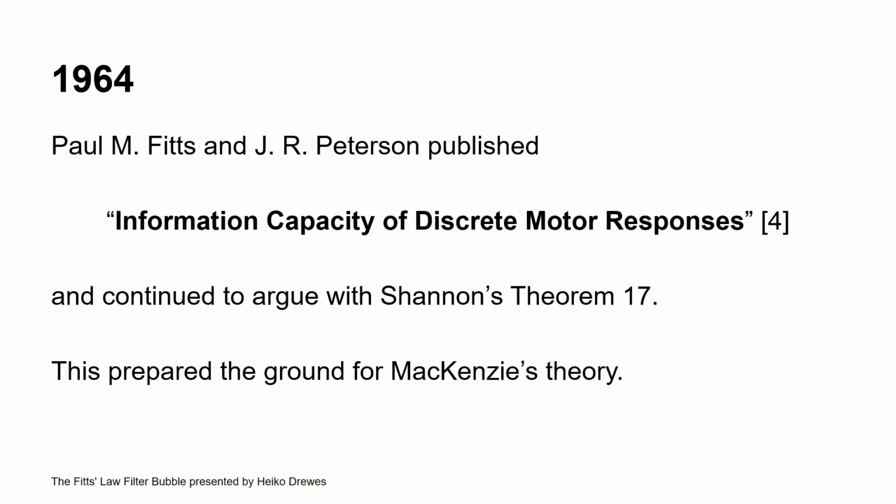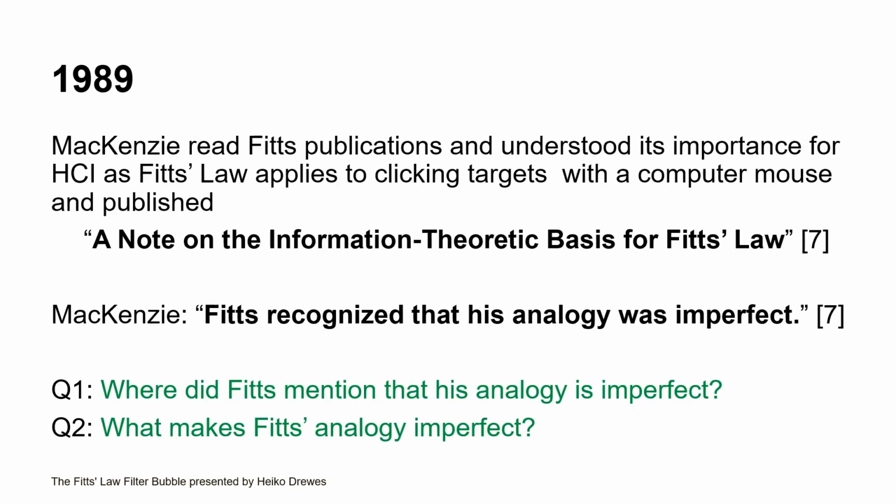Unfortunately, Fitts did not heed Elias' advice and published a paper in 1964 with the title Information Capacity of Discrete Motor Responses, where he continued to argue with Shannon theorem 17 and prepared the ground for MacKenzie's theory. In 1989, MacKenzie read Fitts' publication and understood its importance for HCI, as Fitts' law applies to clicking targets with a computer mouse.